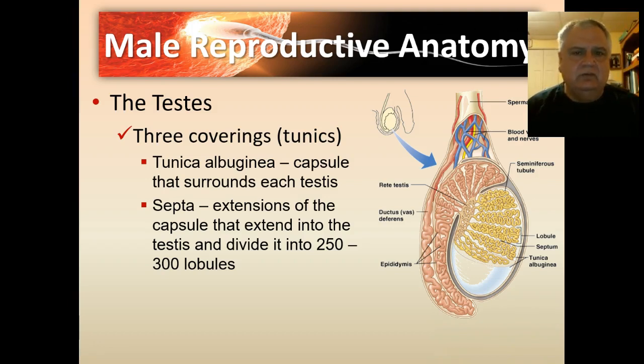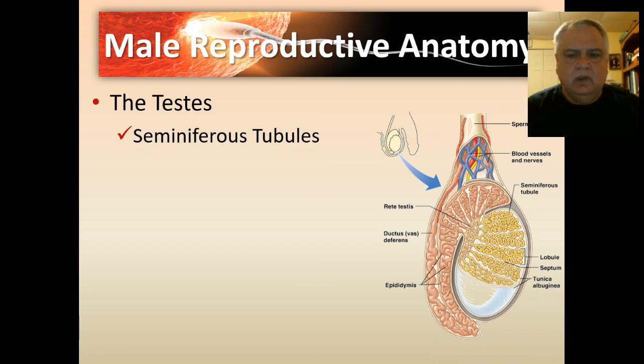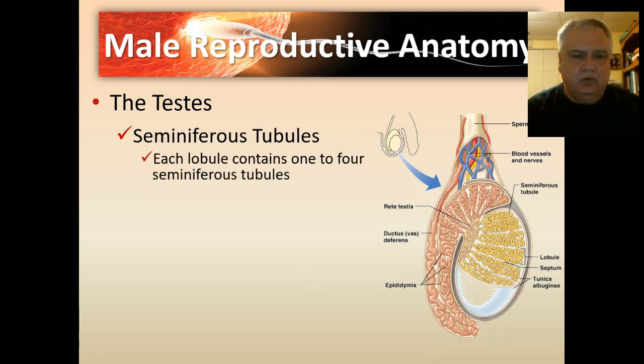There are about 250 to 300 lobules in each testicle. Within these lobules we find highly convoluted tubes called seminiferous tubules.